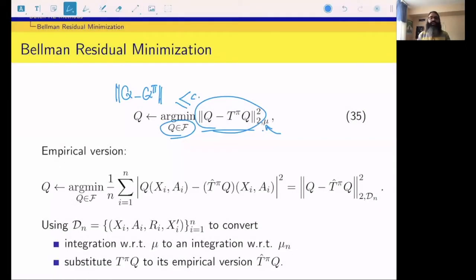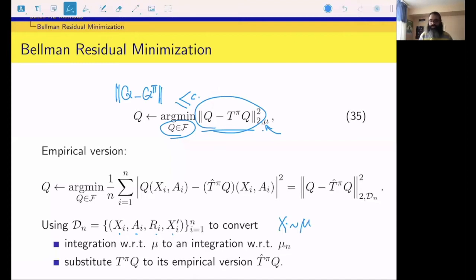Now we want to talk about the empirical version of it. The idea here is that we just use data in order to replace this norm, which is with respect to distribution mu, with data. What's the form of data? This is as before: we have xi, ai, ri, and xi prime coming from next states. And we assume that xi comes from distribution mu.